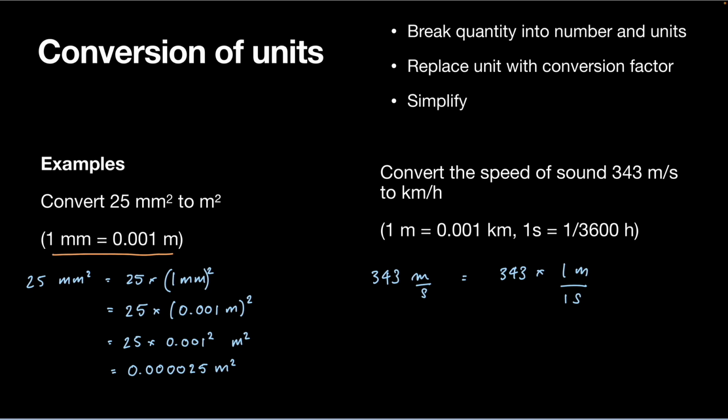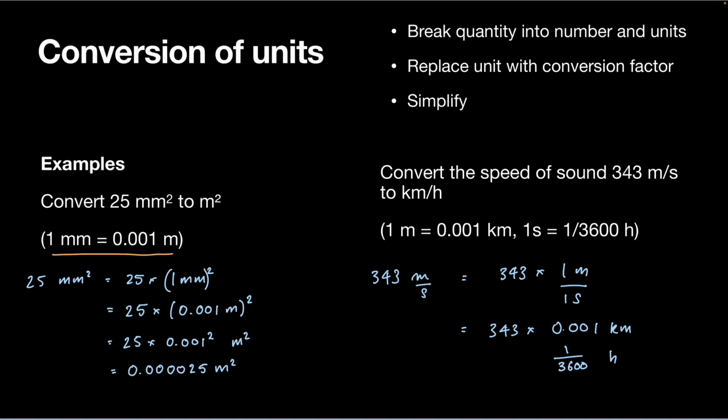And now we want to put those into our new units, so we'll replace 1 meter with our new thing in kilometers. So we know that 1 meter is equal to 0.001 kilometer, and then we're going to divide by 1 over 3,600 hours.